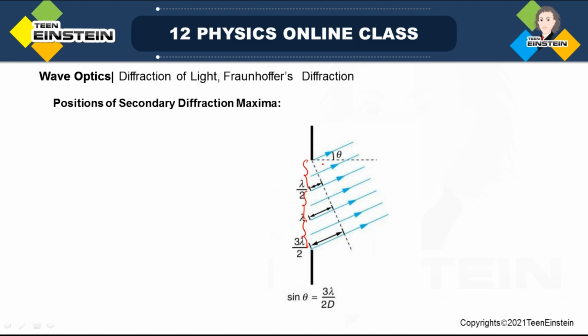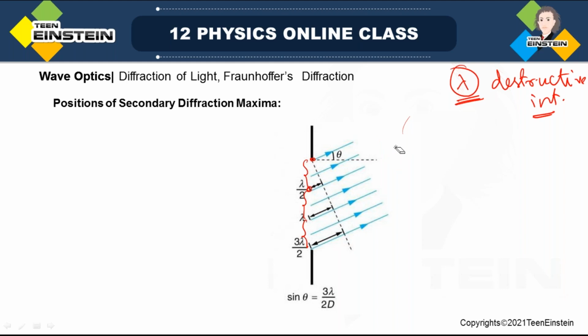We have seen the condition: if the path difference is lambda, then destructive interference will happen. Now you look, any source from here and here will give you lambda by 2 path difference, that is fine.